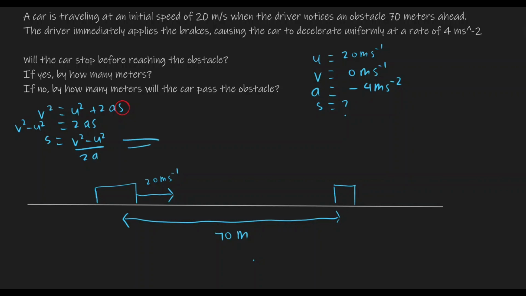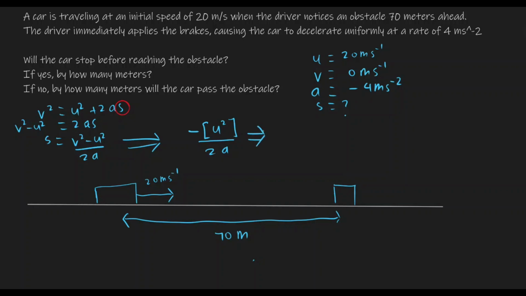Now from here, we sub in our values, but remember that v is actually 0. Because of that, we can simply ignore the v squared and have our equation as negative u squared over 2a.